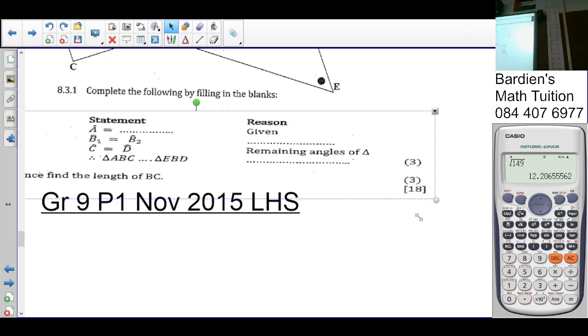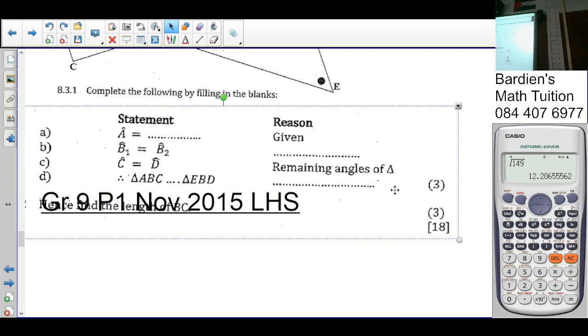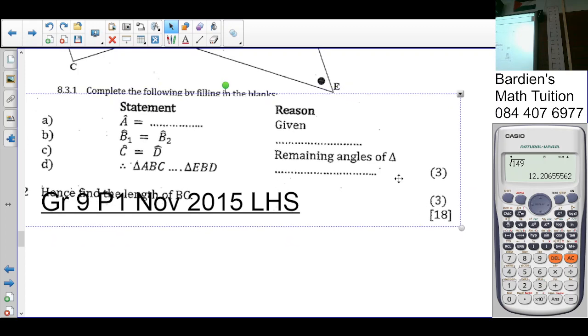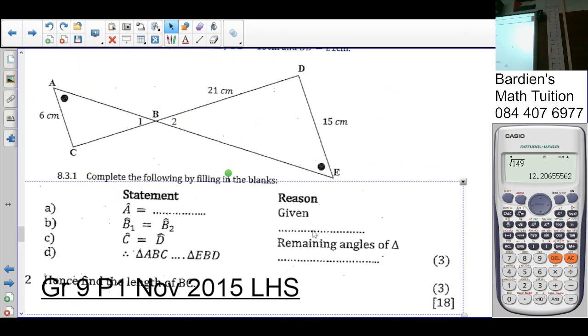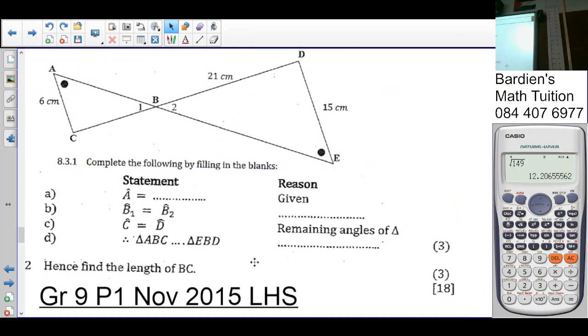Remember, in your exam you can get similarity and congruency. So let's fill this in. Firstly, we are told that angle A is equal to angle E, given.